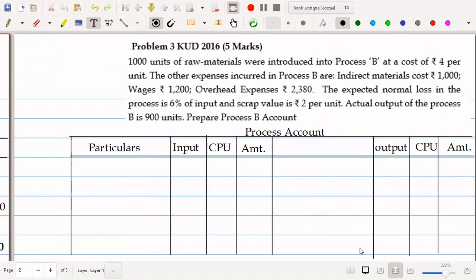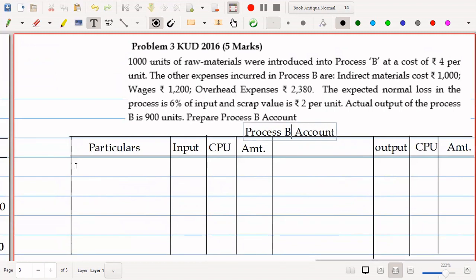The expected normal loss in this process is 6% of input and scrap value is rupees 2 per unit. Actual output of the process B is 900. Prepare process B account. So we have to write here process B account.